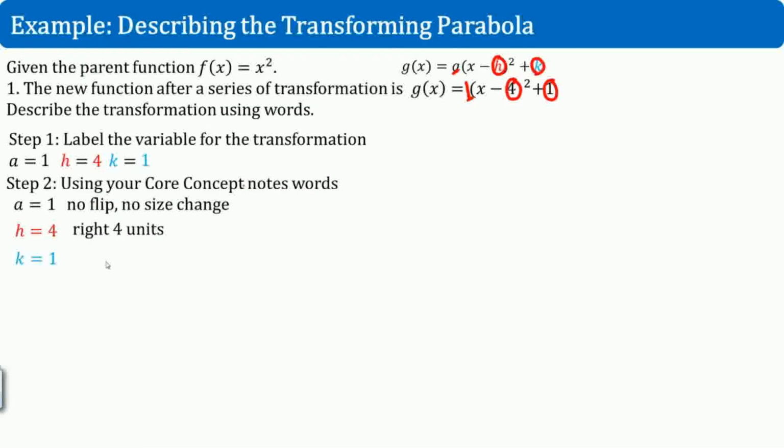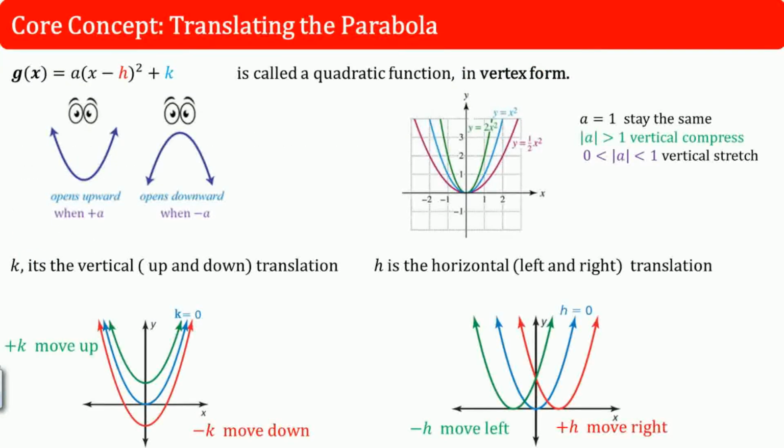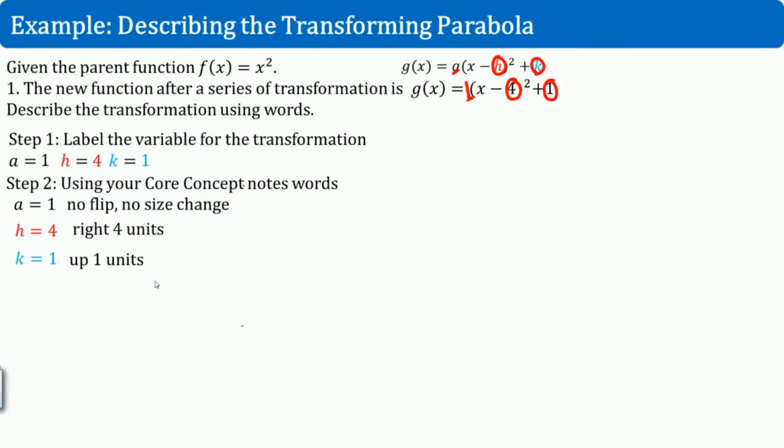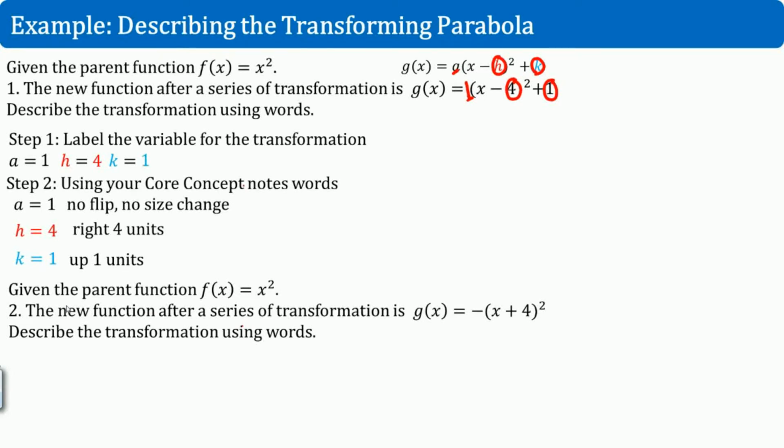And then k equals 1 means up 1. There you go. You just have to be able to label the variables, then describe which transformation those variables refer to.